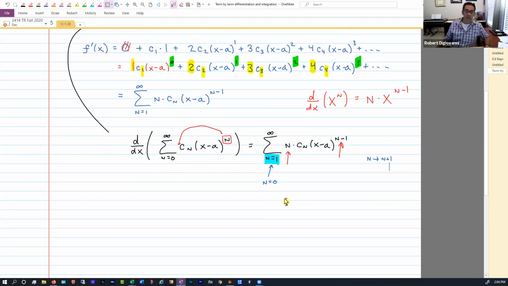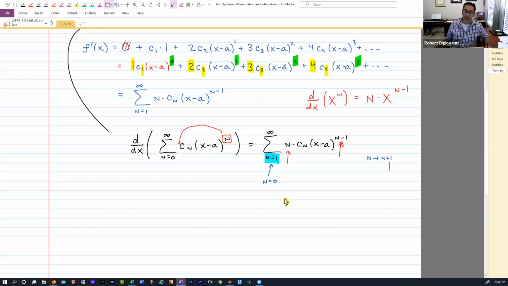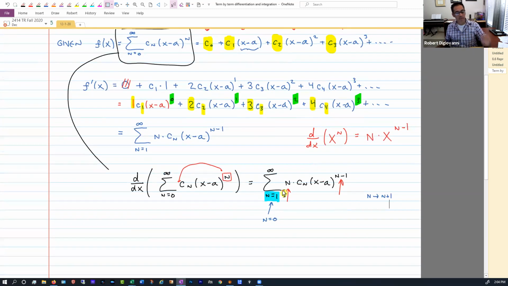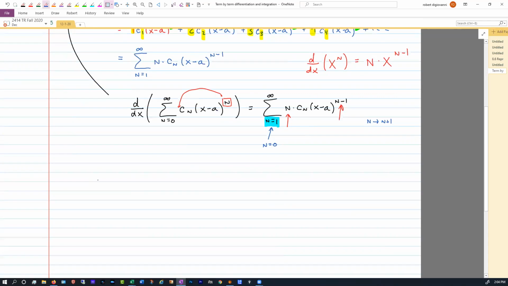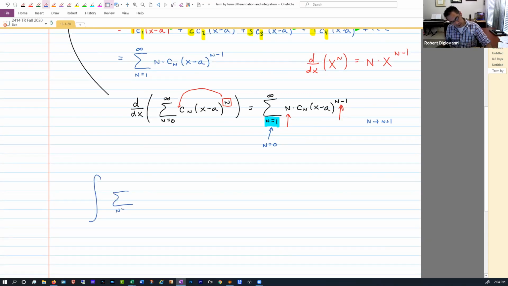Now, how do you think integrals are going to work? Well, I'm not going to go through it because it's going to take me too much time. So we just apply the power rule on this? Yeah, if you want to take the antiderivative of a power series with respect to x, the answer is exactly what you would think it is.